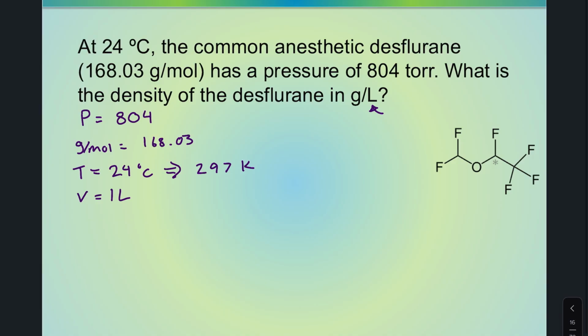And our R. So what are we going to use for R? There's a couple ways you can approach this. One way is this is torr. Now remember that 1 torr equals 1 millimeter of mercury. So this is also equal to 804 millimeters of mercury.